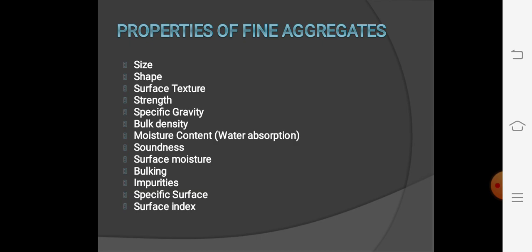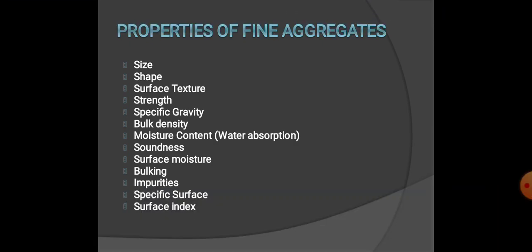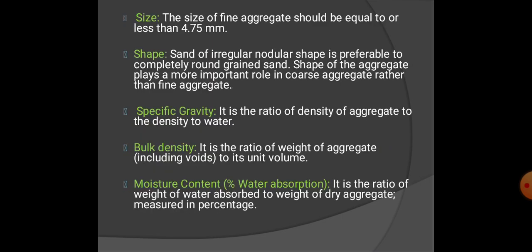Then next let's see the properties of fine aggregate one by one. In that the first one is size of aggregate. So in the previous lecture we already saw the size of aggregate.